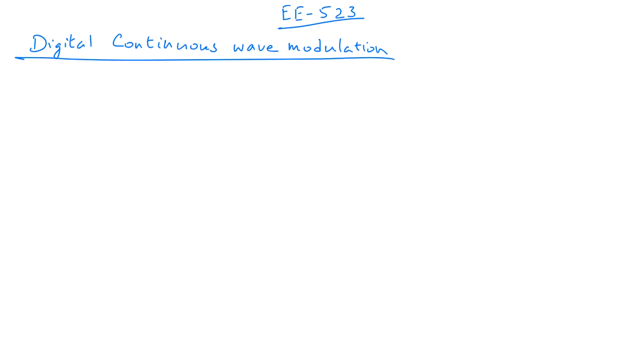Let me proceed with the topic for today, which is digital continuous wave modulation. If you remember from your previous semesters, you have studied communication systems in which you studied analog modulation.